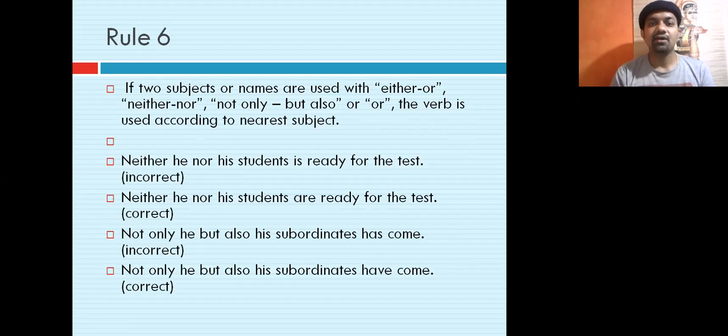Neither he nor his students is ready for the test. This is incorrect. In sentences like this, neither nor, either or, not only but also, we must consider the subject which is nearest to the verb. We must look for the subject after nor, or, not only but also.